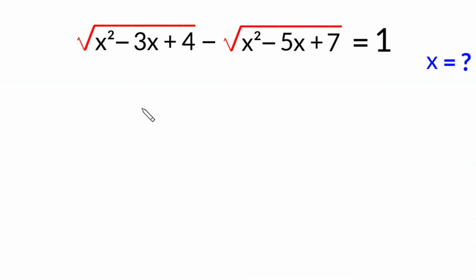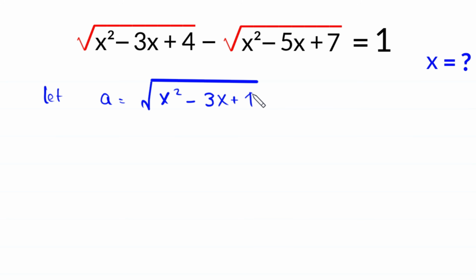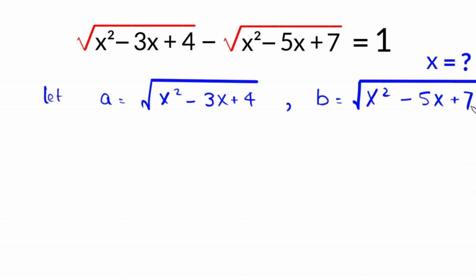We suppose that a is equal to the square root of x squared minus 3 times x plus 4, and we suppose that b is equal to the square root of x squared minus 5 times x plus 7.